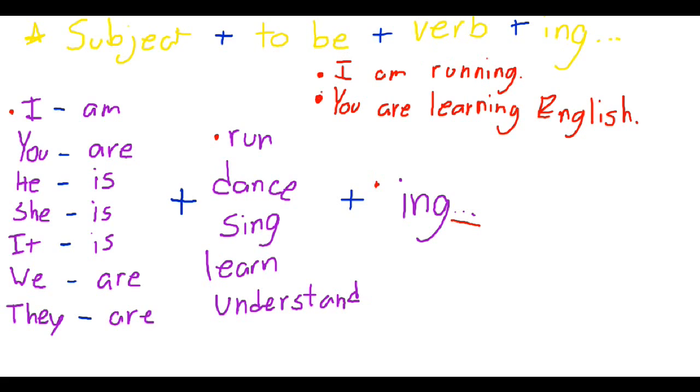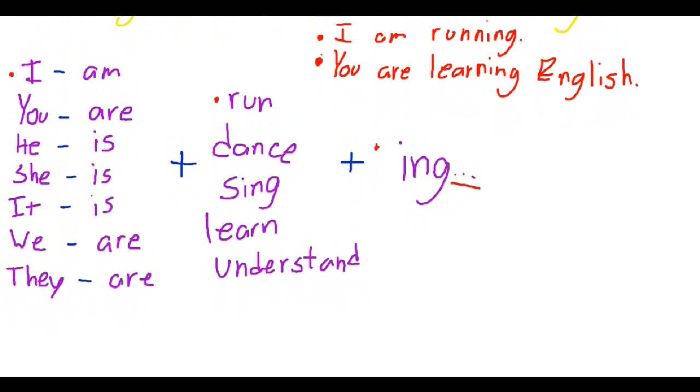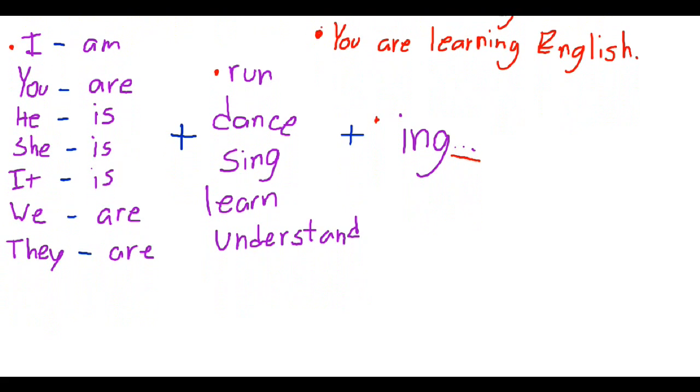So let's scroll down a little bit and get some more examples here. Alright, so, for example, I can say, let's see, we are going. Okay, go with ing. We are going where? We are going to the park.